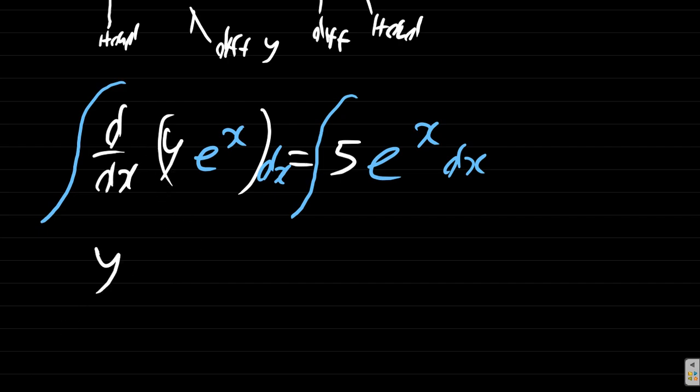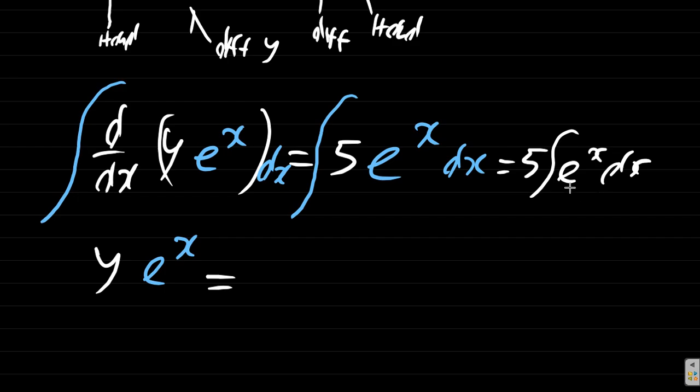So what we have again is y e to the x is equal to, if you integrate 5e to the x dx, it is the same thing as having 5 integral of e to the x dx. When you integrate e to the x, you get back e to the x. So we have 5 e to the x plus c. Alright?